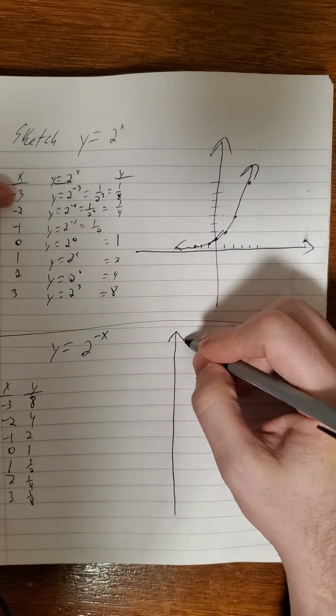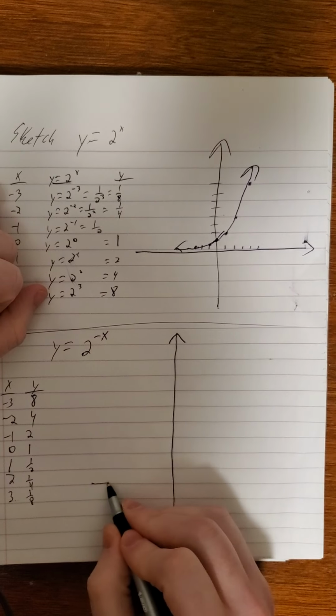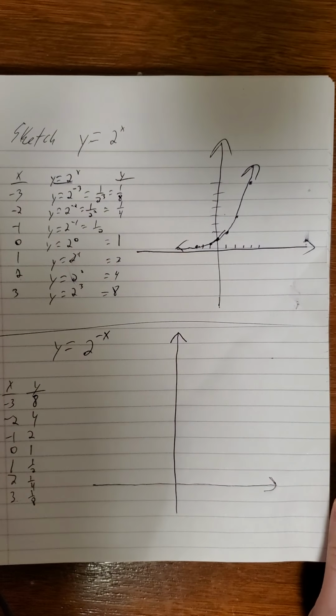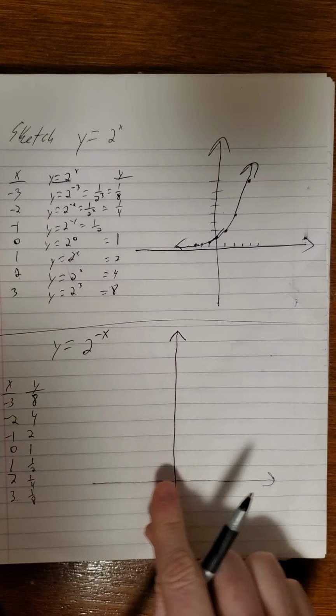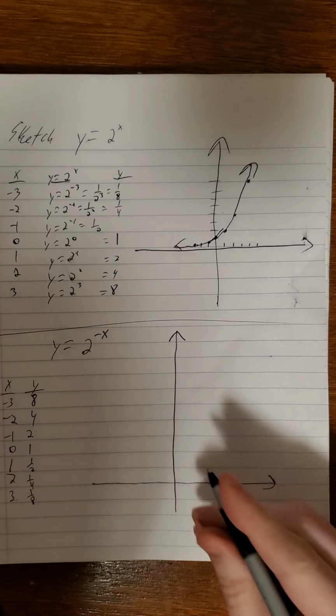So we just have this flipped around, and that should make sense. Your x values reflected. So we changed x for its opposite. We flipped it across then the y-axis.